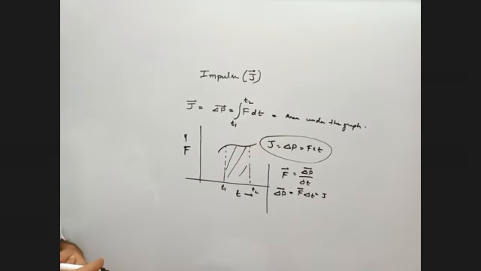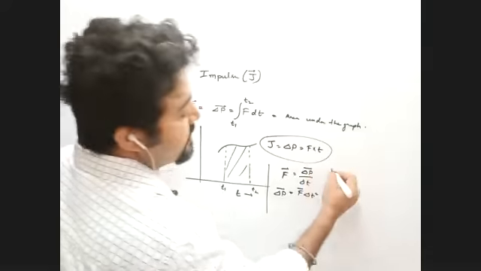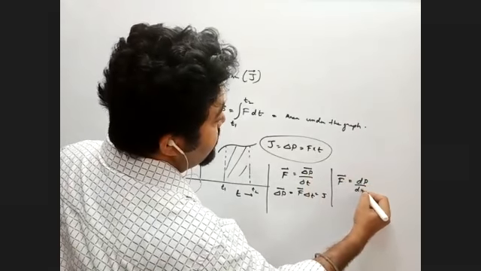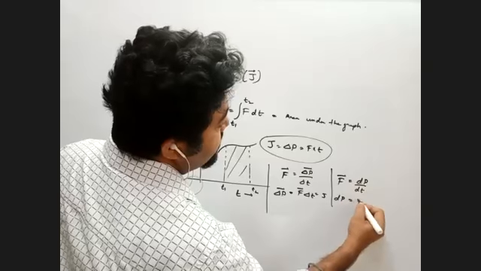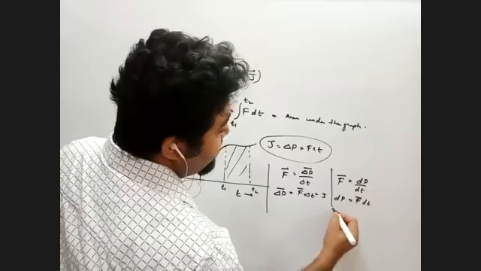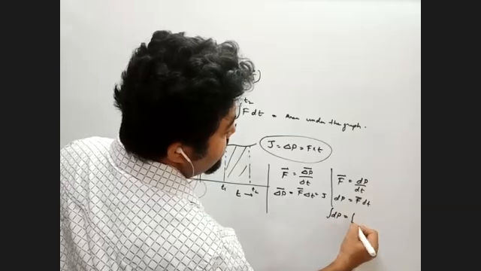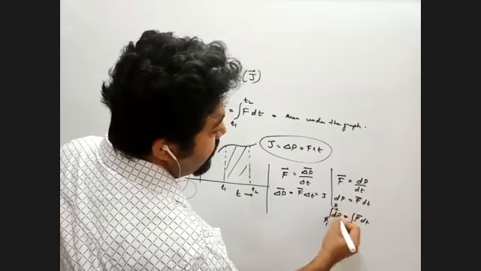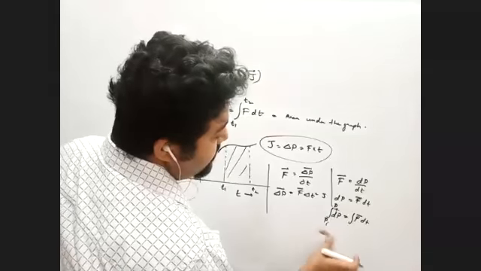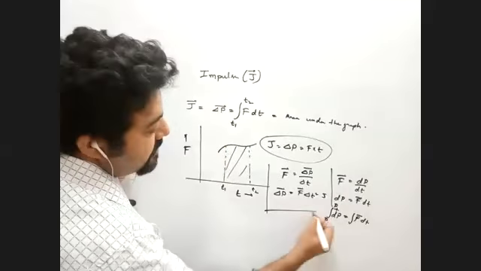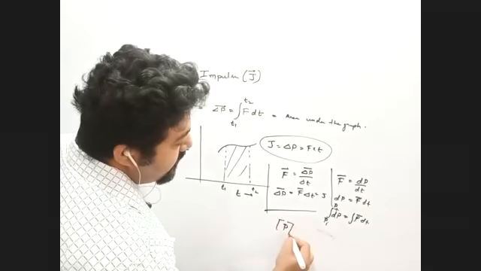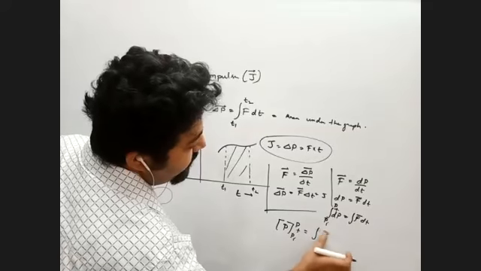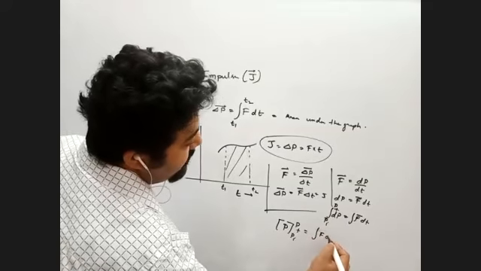Or you can say it this way also: force is dp by dt, so dp is f dt. Taking the integration, the integral of dp is the integral of f dt, between initial and final. So this is the change in momentum, because if you write p initial and p final on the left and the integral of f dt on the right, they can give you the value of f.